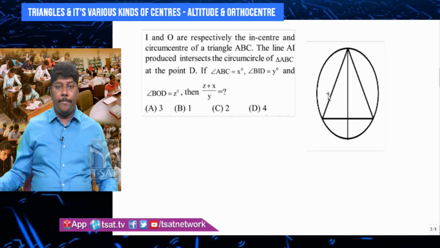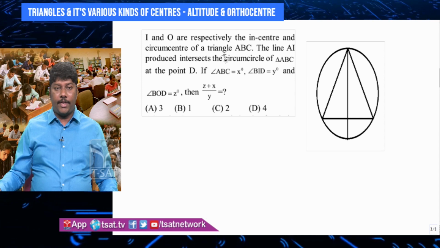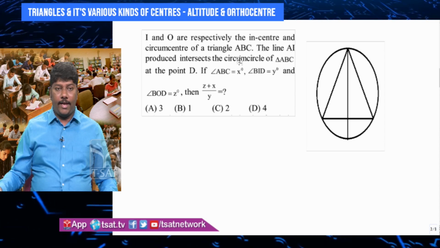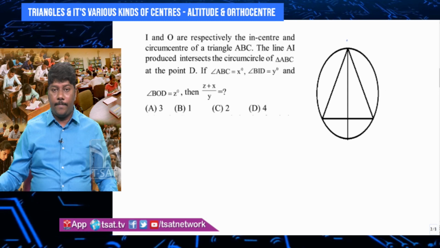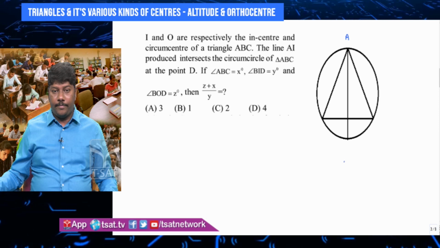This is the figure I got here. The line AI is produced to intersect the circumcircle at D.